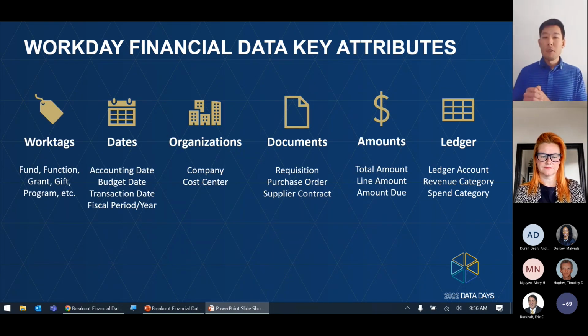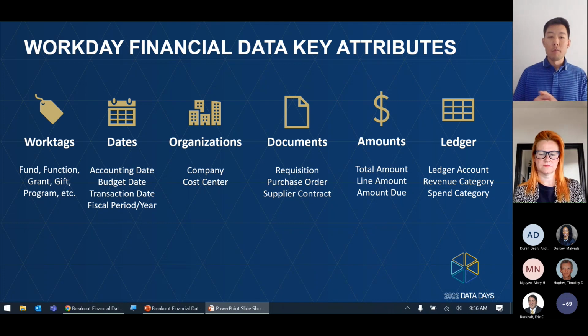Each business object is going to have some other key attributes as well that may be another business object, or may just be other pieces of financial data. These are the primary pieces of financial data that we consider to be key attributes when we're looking at financial data. So almost all of our financial data has some kind of work tag associated with it.